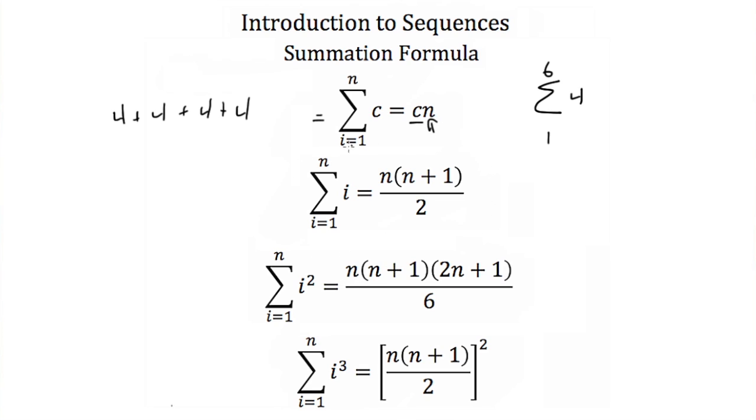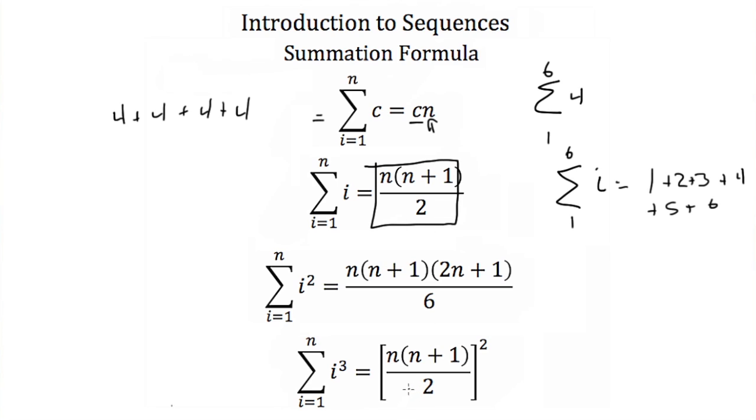Now if we have another summation here, I have from I is equal to 1 to n of I. So this would be the same as the summation from, say, 6 to 1 of I. That means that I is equal to 1, and then we're going to add it to I being equal to 2, 3, 4, and so on, 5, and then 6. If you wanted to find the value of this summation very easily, you could use this formula, n times n plus 1 over 2.